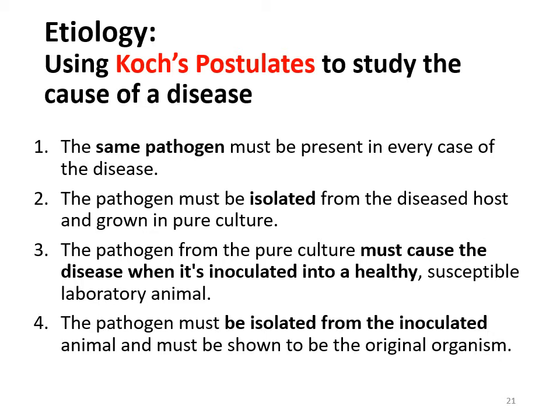If someone has disease A, but doesn't have the pathogen that you're suspecting of causing disease A, well then how could that pathogen be the cause if someone has that disease without that pathogen present? So the first aspect of Koch's postulates is that the same pathogen must be present in every case. For the rest of these, I'm going to move on to the next slide so you can visualize them at the same time.